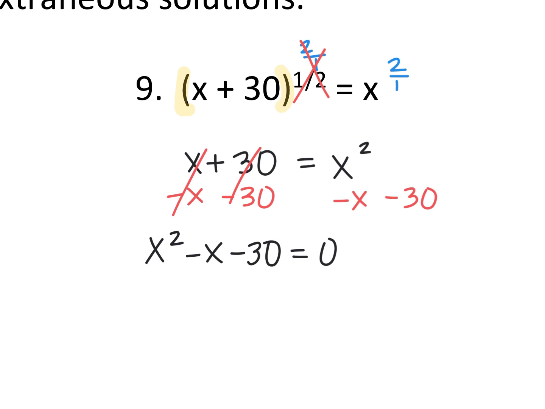Is there a GCF? Nope. There's 3 terms. What should you do? X game, right? 2 numbers that multiply to negative 30 and add to negative 1.